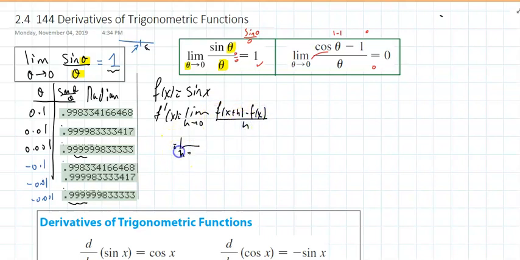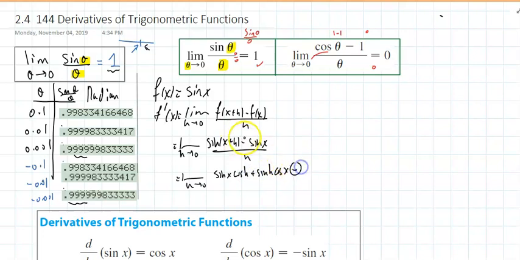That would be the limit as h approaches 0 of the sine of x plus h minus the sine of x all over h. And the sine of a plus b is the sine of a cosine of b plus sine of b cosine of a, so we get sine of x cosine of h plus sine of h cosine of x minus the sine of x all over h.